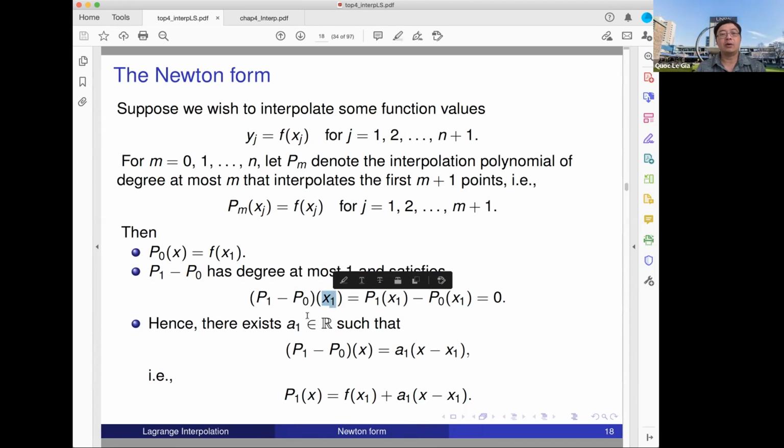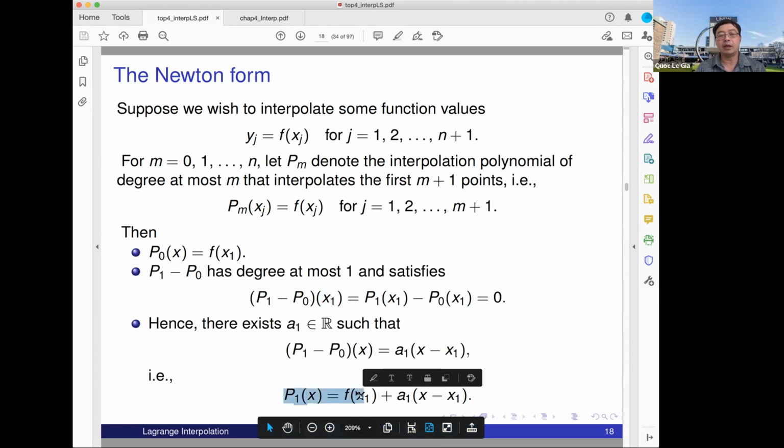And P1 goes through x2, yeah. So then P1 has the form like this. It's a line that goes through x1, f(x1) has the form like this. But then what constant do you put in here so that it goes through x2, y2 as well? So what constant?